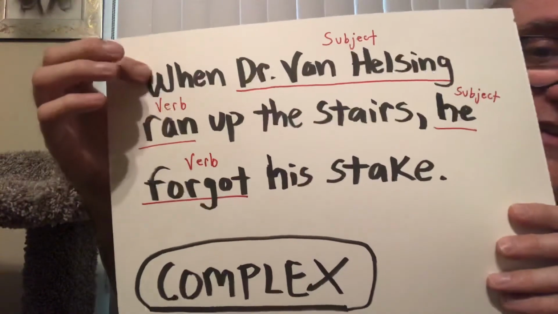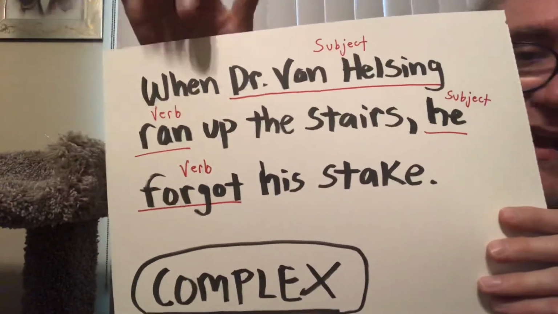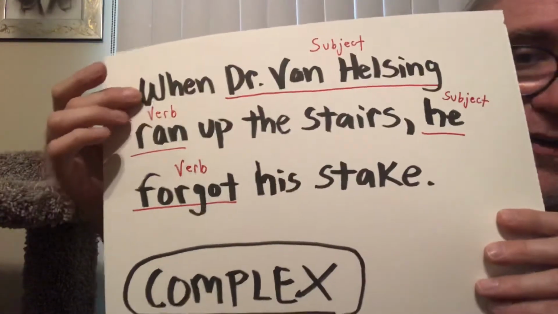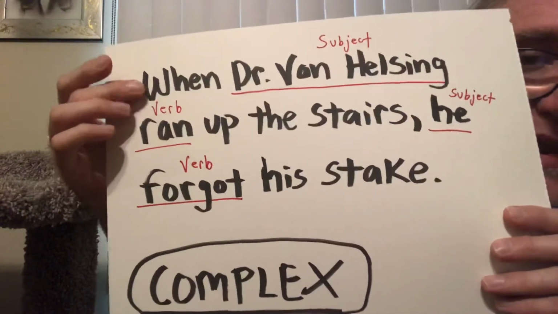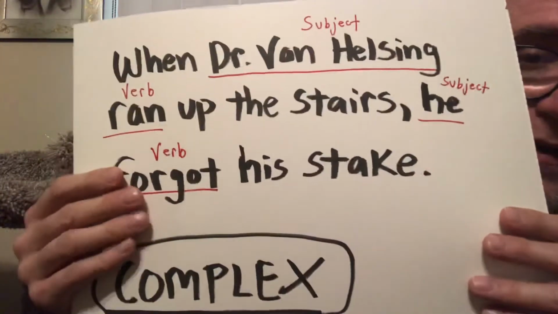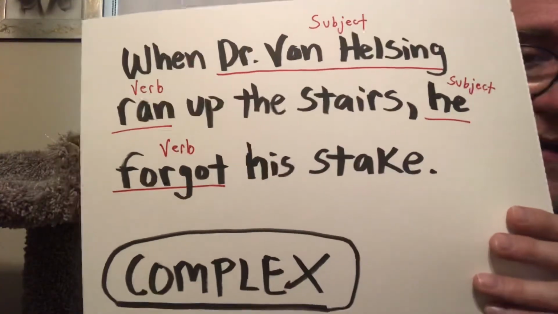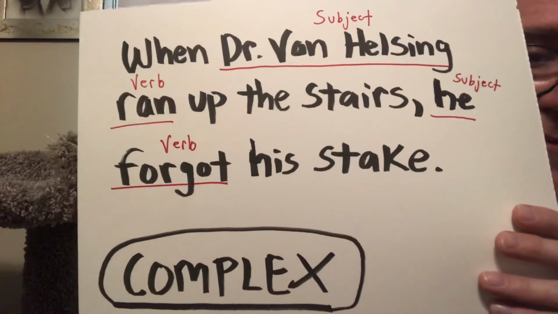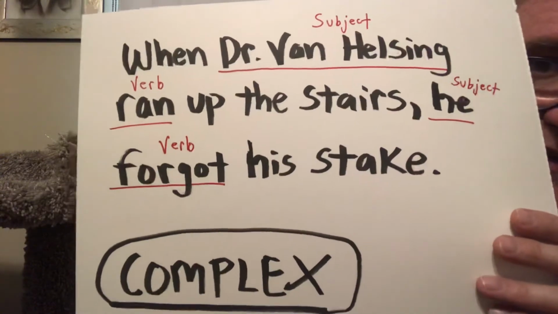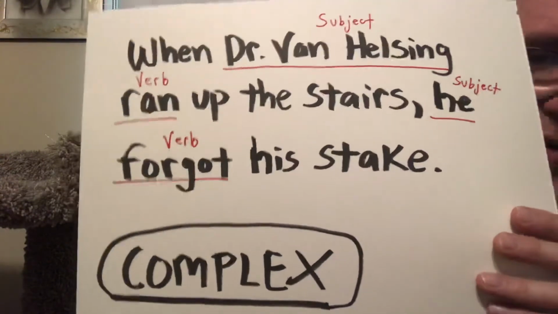Okay, so this word when makes the first clause here dependent. Because of the word when, it becomes a dependent clause. Because, for example, it can't stand on its own. If I ran up to you and said, when Dr. Van Helsing ran up the stairs, and I stopped talking, you would be like, wait, there should be more to that sentence.